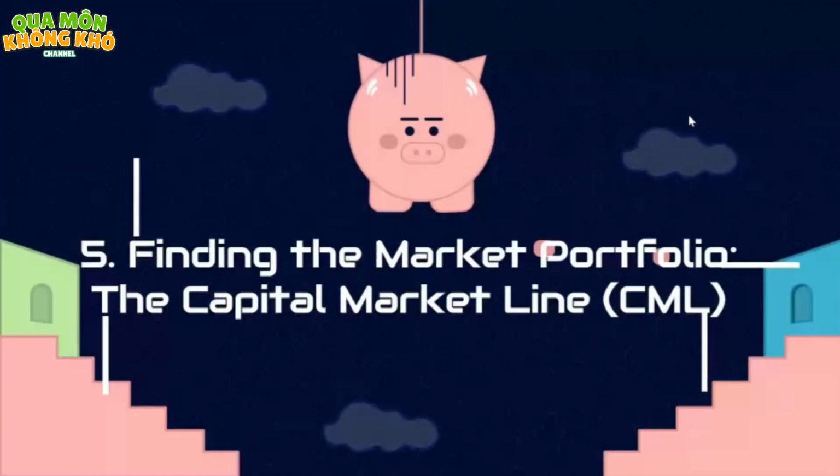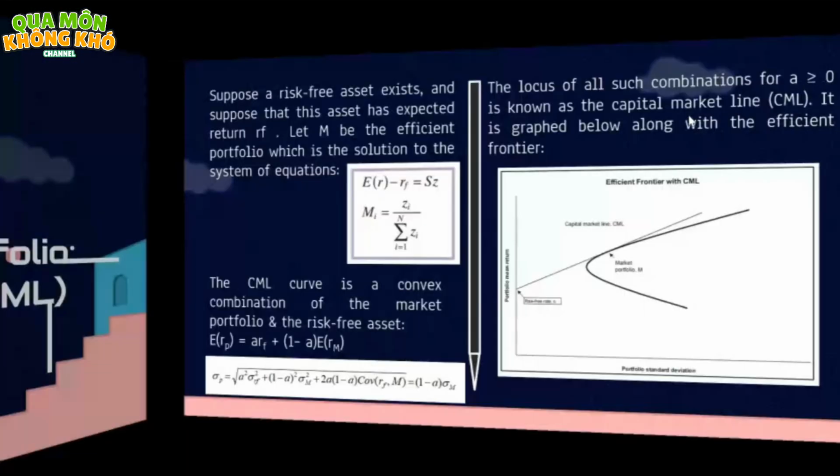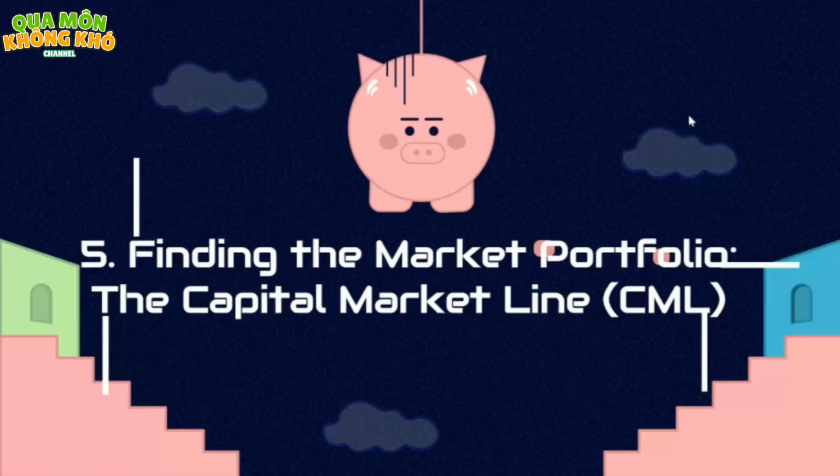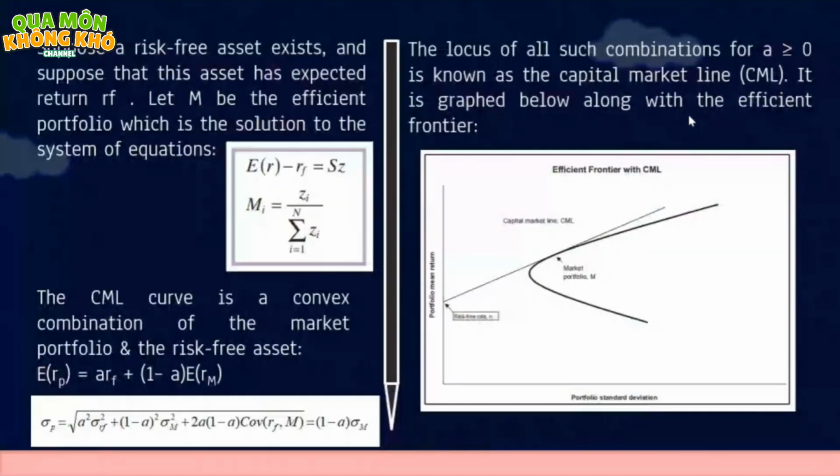Next, we will move to finding the market portfolio, the capital market line. Suppose a risk-free asset exists, and suppose that this asset has expected return Rf. Let M be the efficient portfolio, which is the solution to the system of equations here.